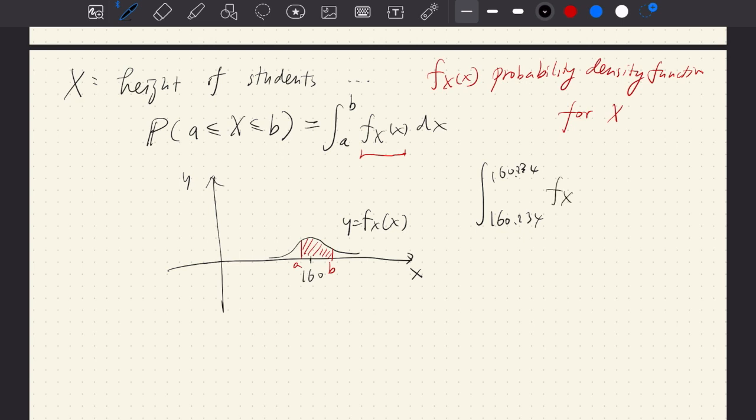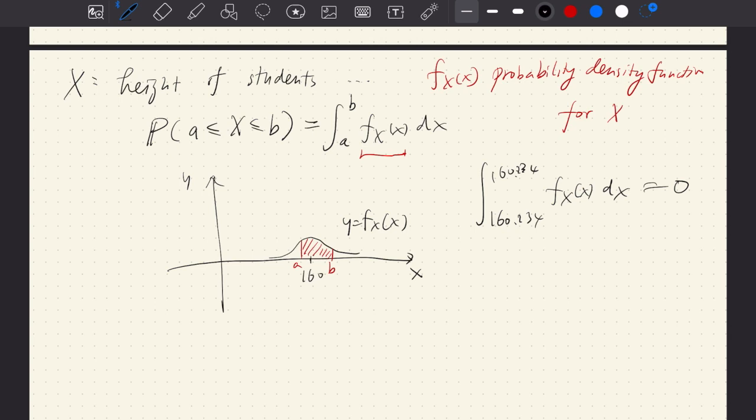But if you plug this into the definite integral, because the upper limit and the lower limit are the same number, this is equal to 0, okay? So this fits our claim that for continuous random variables, the probability of any single point occurring is 0, but you can give a probability of the random variable taking on a range of values. For example, here is a to b, okay?